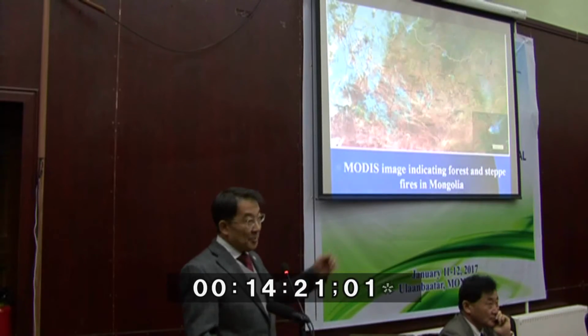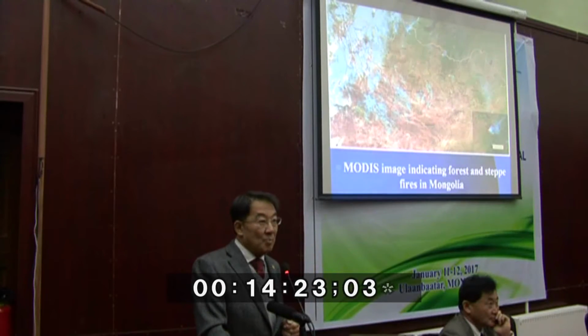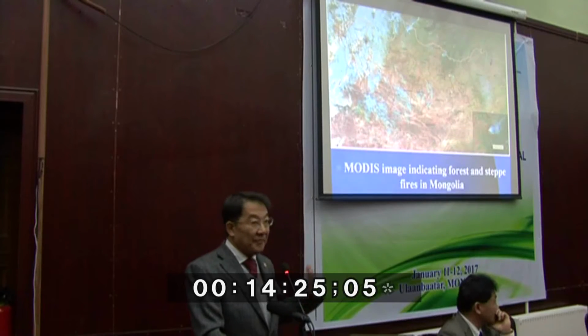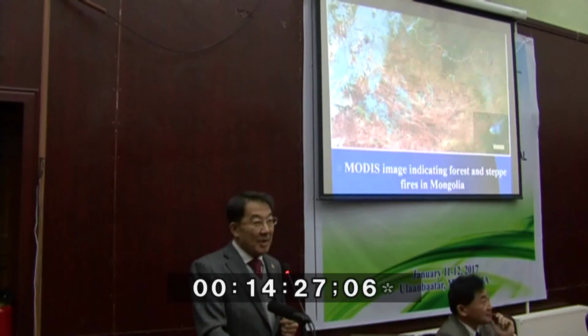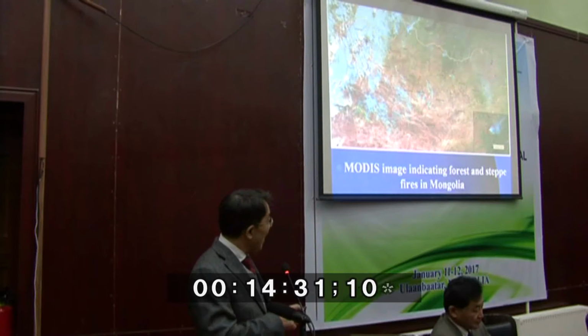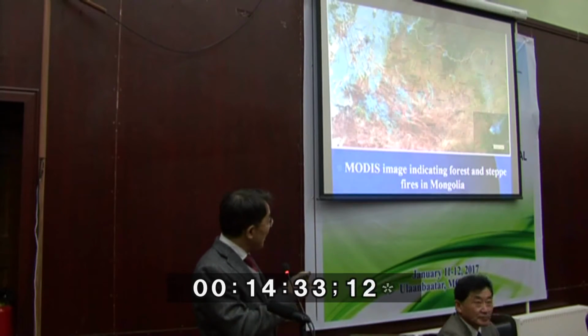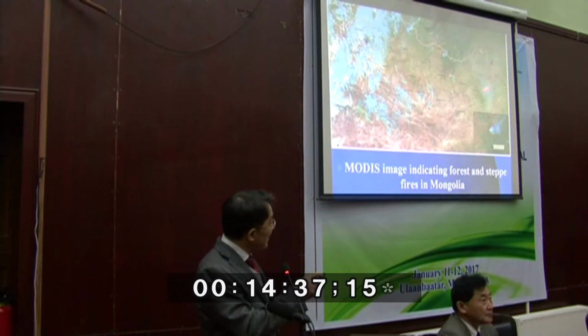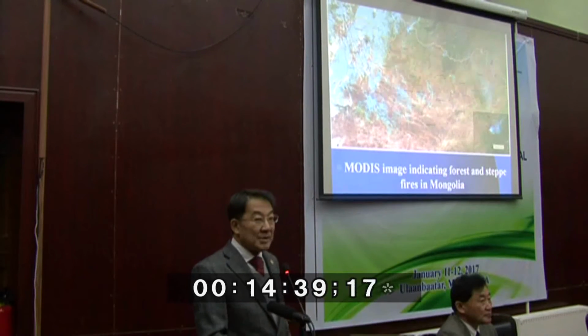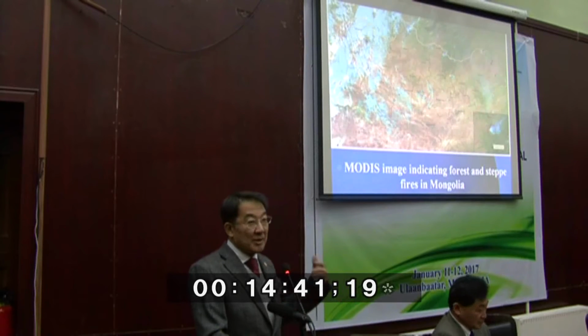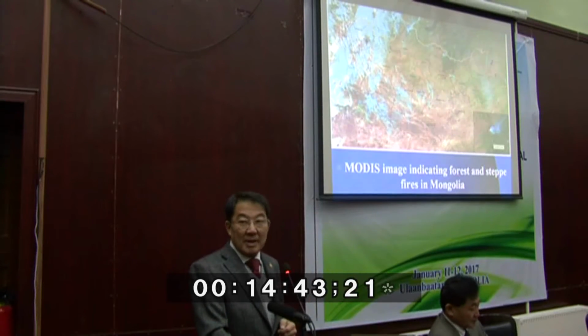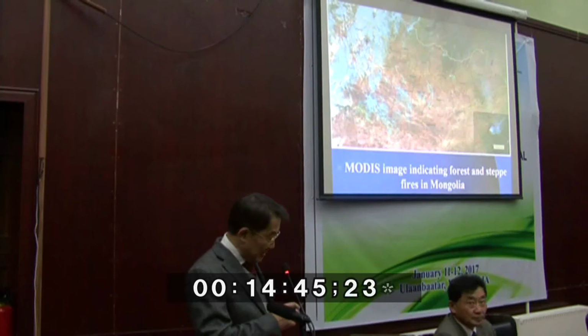Thermal bands of MODIS datasets can also be used for forest and steppe fire monitoring in Mongolia. For instance, here you can see a MODIS image indicating forest and steppe fires occurring mostly in northern and eastern parts of the country.